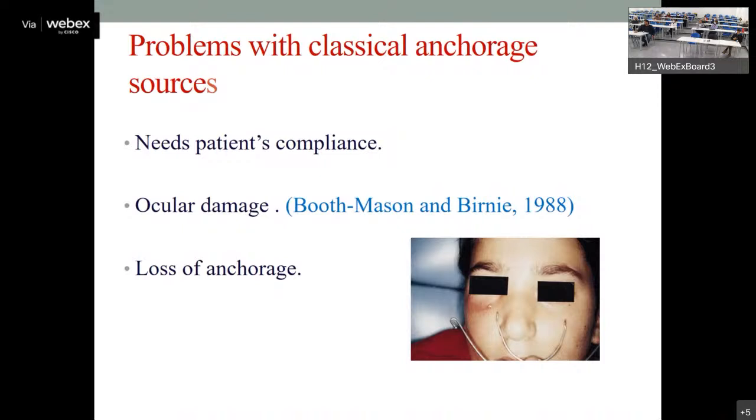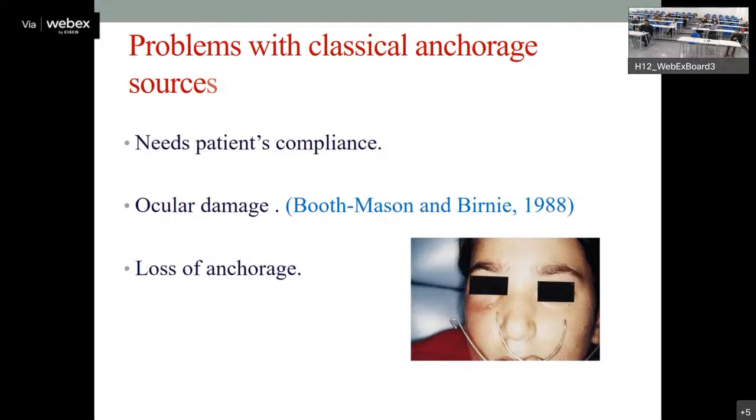Remember, with the headgear, the main disadvantage is patient compliance. If the patient does not comply with the headgear, if the patient didn't wear the headgear, you will end up with anchorage loss, definitely. And also, there is a very popular case report published by Booth, Mason, and Burney in 1988 about ocular damage by the outer bow of the headgear.